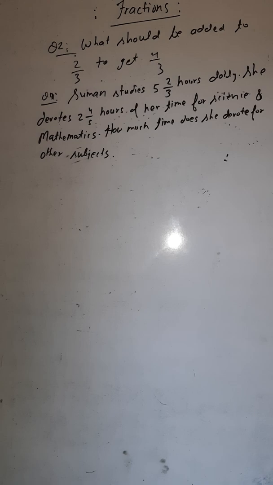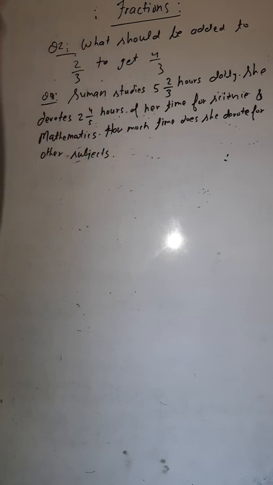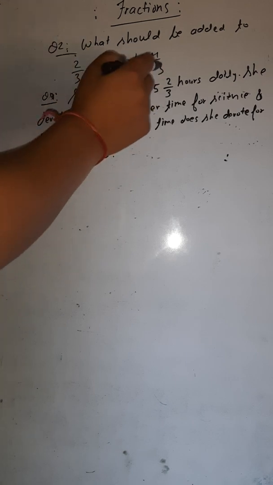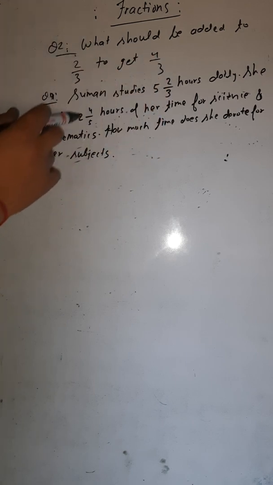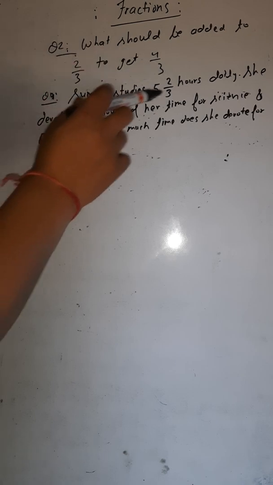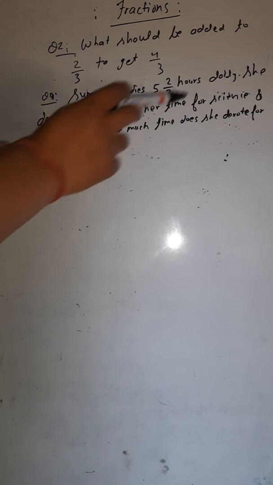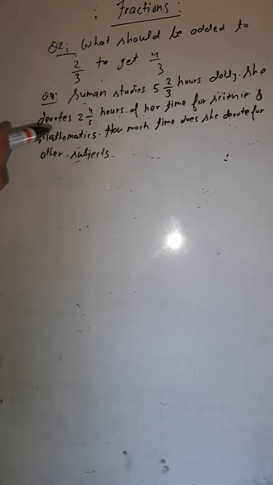So this is the time of her study. Out of this time, 2 whole 4 by 5 hours of her total time she is giving for science and mathematics. But she is not going to study only science and mathematics. Other subjects are also there, Hindi, English also. So other subjects also she would be reading.